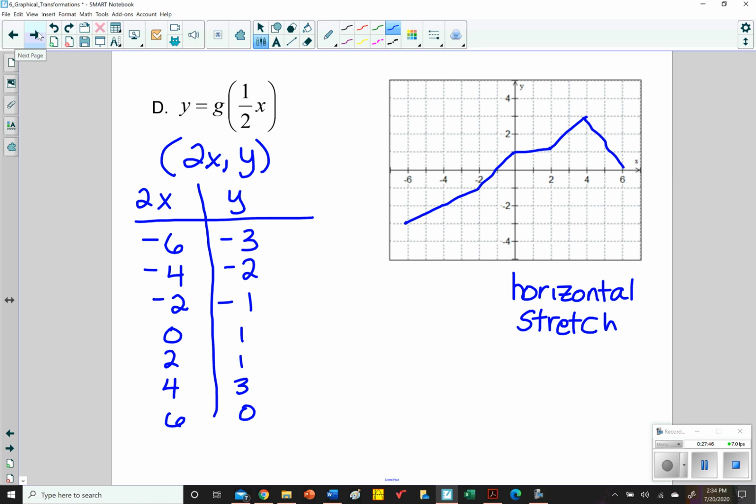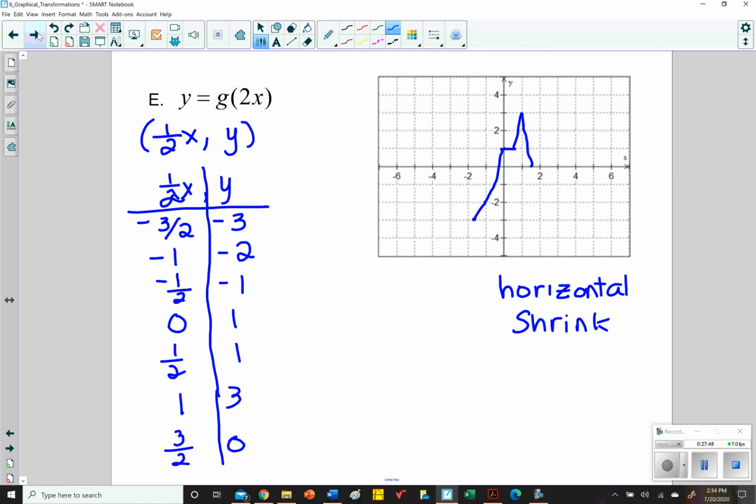On letter E, the argument is 2x, so we're going to divide the x's by 2. So x divided by 2 in each case is going to really shrink up the graph on the horizontal scale. So it's the same shape as the original, it's just really smushed in tightly here on the horizontal shrink.